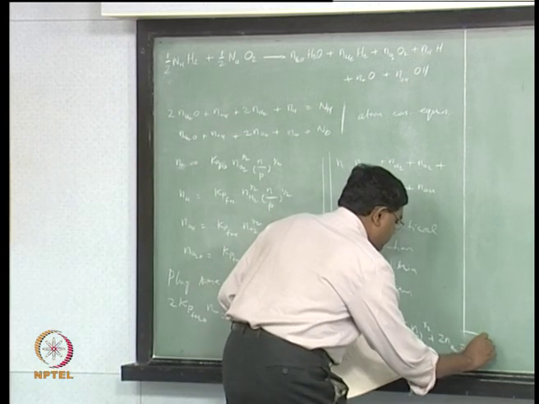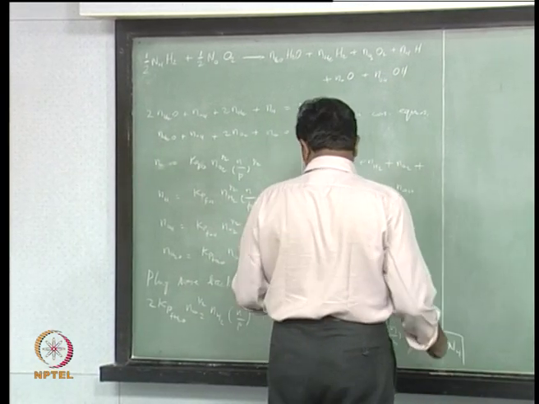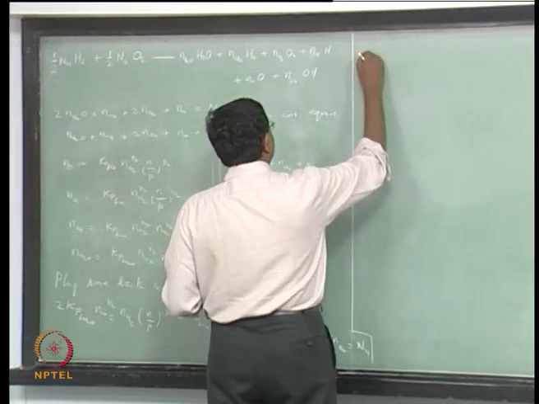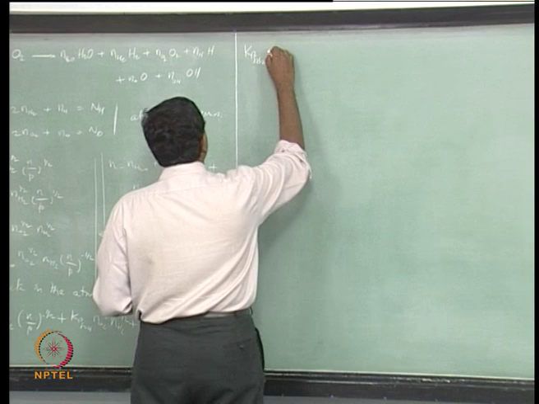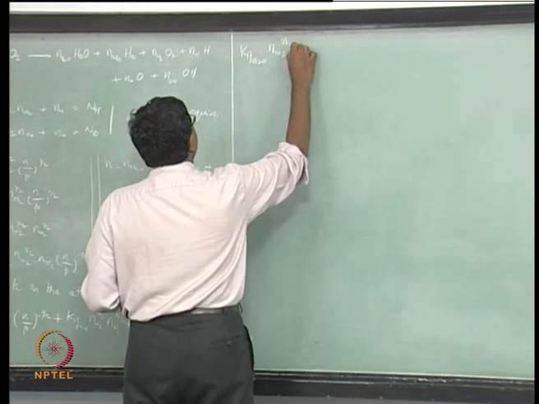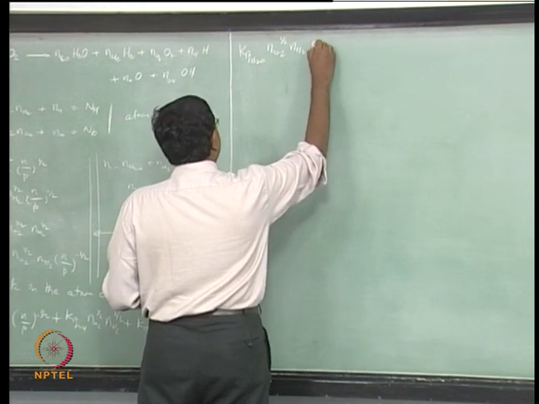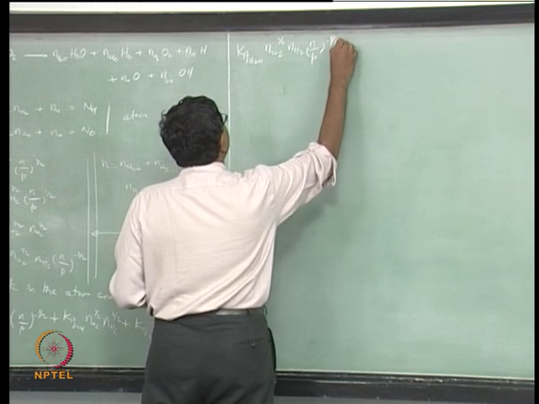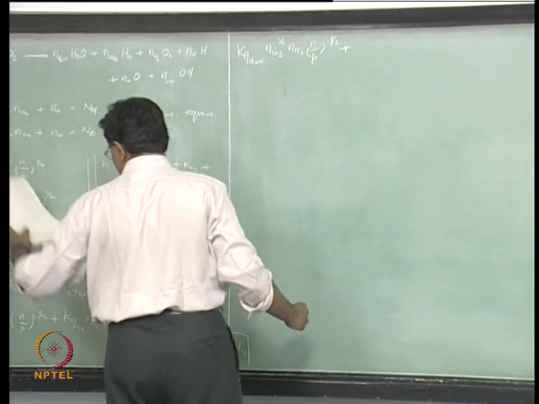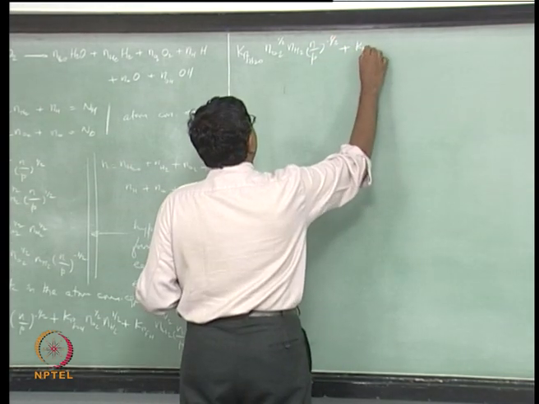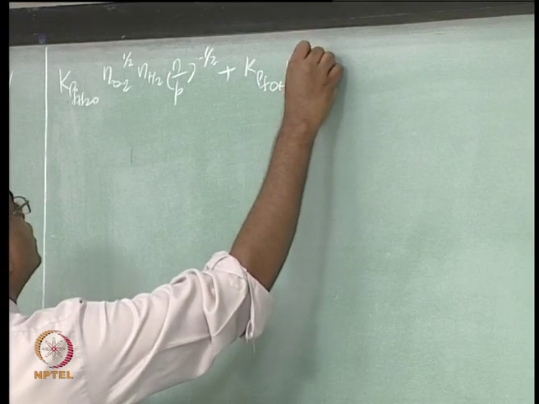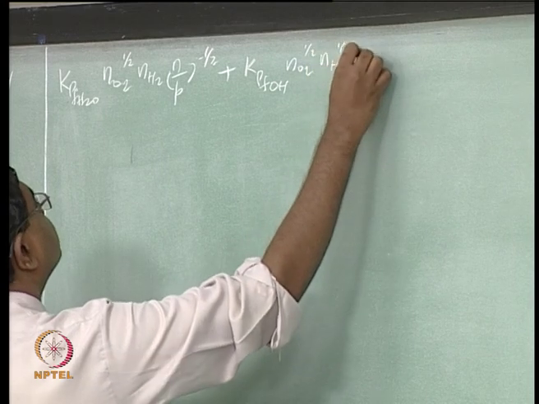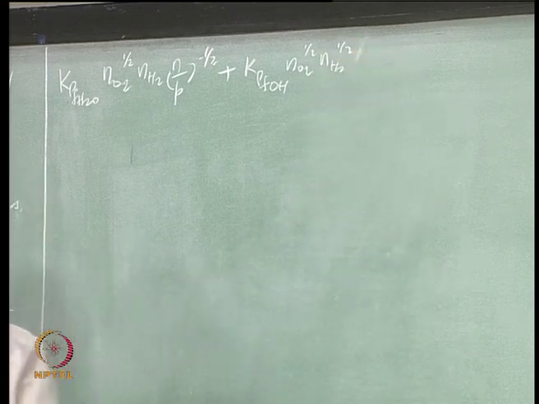So I am going to write the next equation here, which is not very different now. So KPFH2O NO2 to the half NH2 N over P to the minus half, plus for the OH we have KPF OH NO2 to the half and NH2 to the half. We do not have a N over P for this.